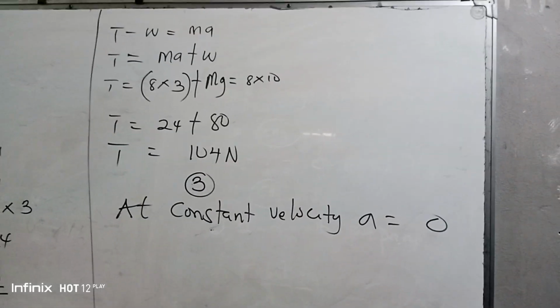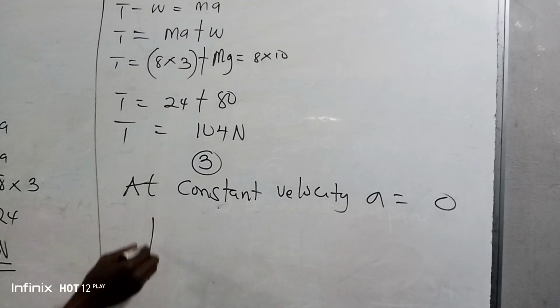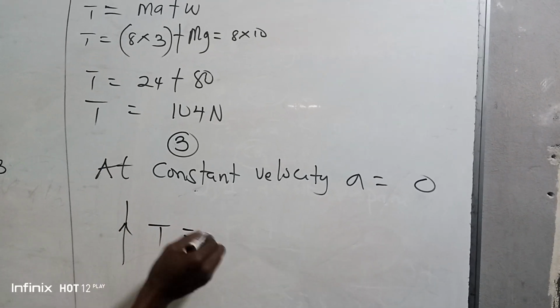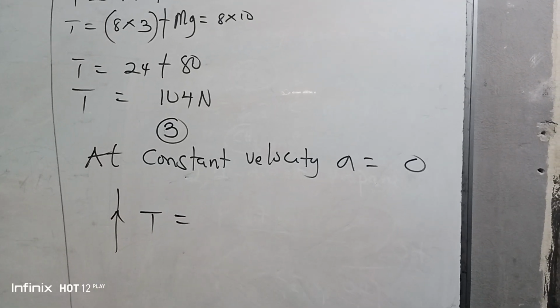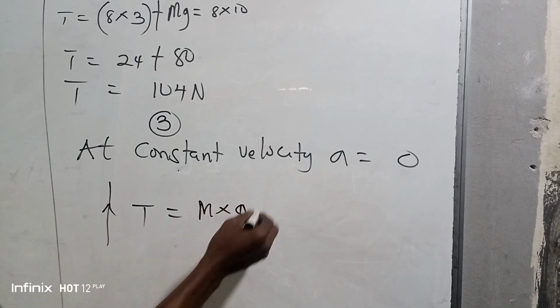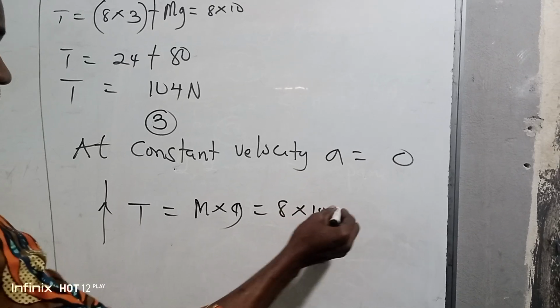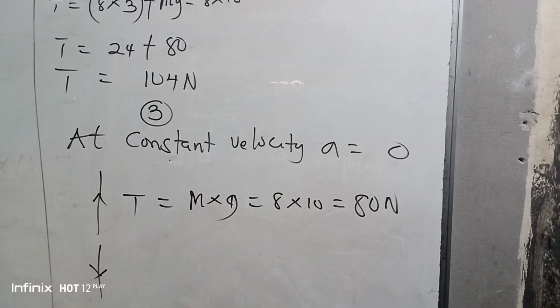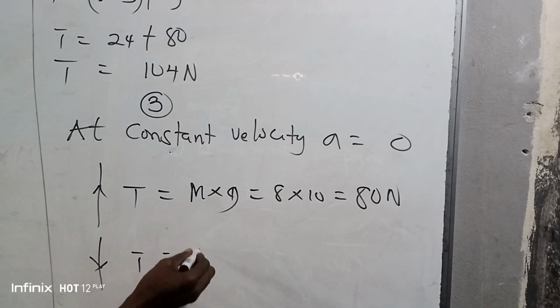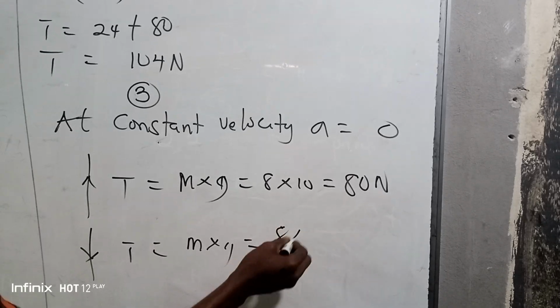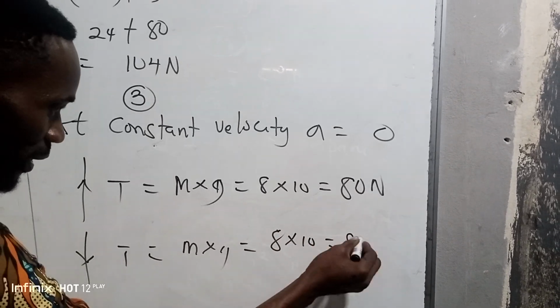So if the lift is going upward, the apparent weight, the tension, will be equal to the weight of the man. And the weight of the man is equal to mass times acceleration due to gravity, which is equal to 8 times 10, and that is equal to 80 Newton. If it is coming down, the same thing happens. The tension will be equal to mass times acceleration due to gravity, which is 8 times 10, equal to 80 Newton.